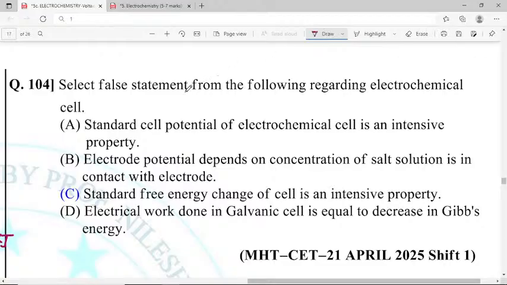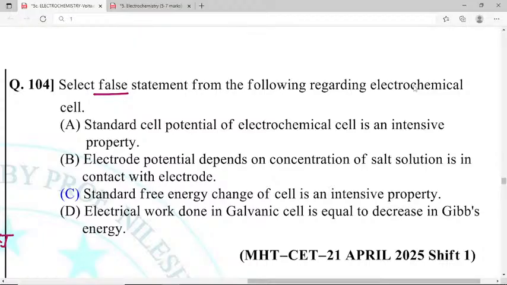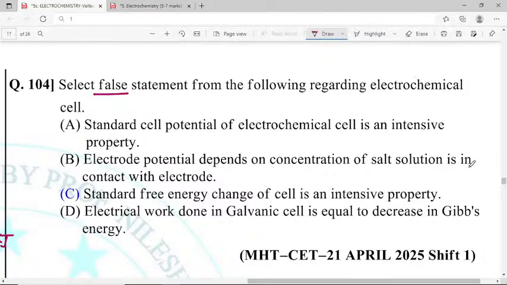Select the first statement from the following regarding the electrochemical cell. Standard cell potential of the electrochemical cell is an intensive property, correct.